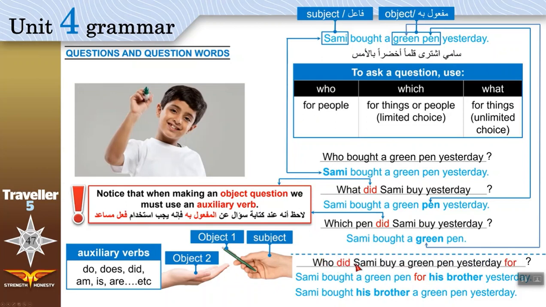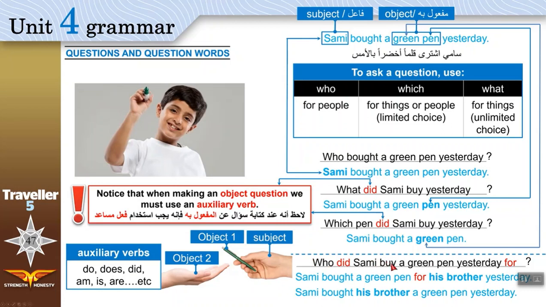Let's ask the question: who did Sammy buy a green pen for? The object is his brother. Use the auxiliary verb: who did Sammy buy a green pen yesterday for? You must use for or to at the end of your question. This is very important. Let me give you another example using the verb give.